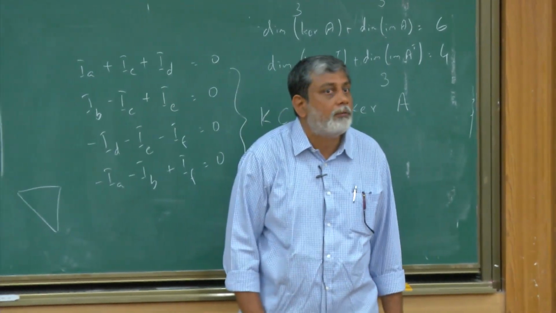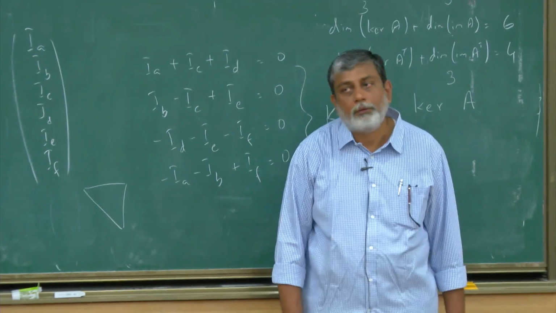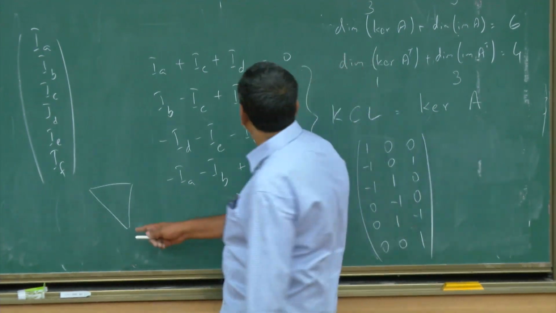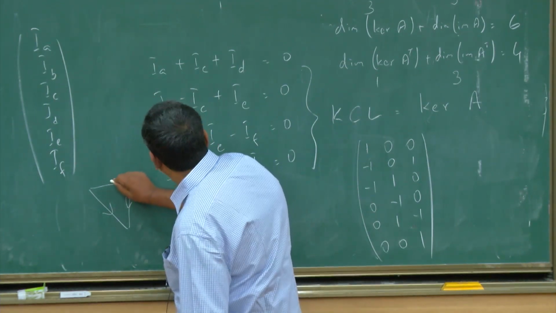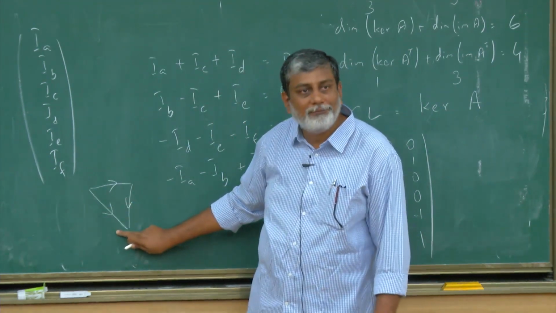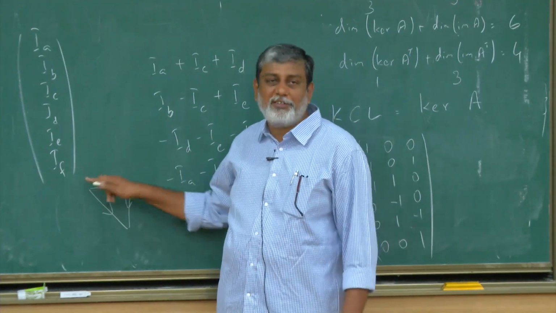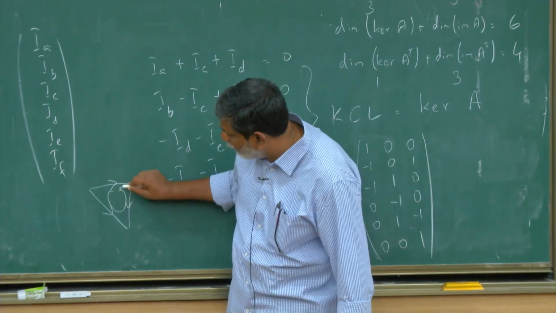It's a loop. And how are the arrows? That way, and that way. So if I take this to be 1, I'll take this to be -1, I'll take this to be -1 because it's going in the opposite direction. I am just going around this loop.